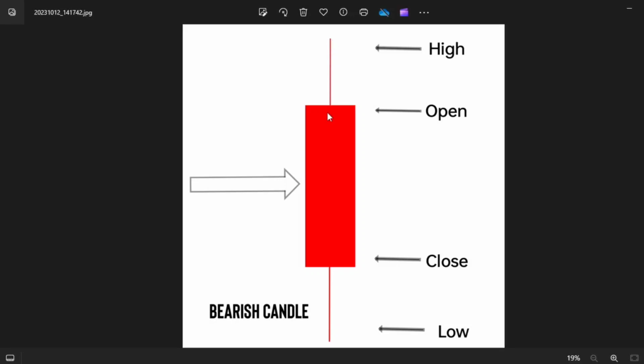Some textbooks will call it a shadow, some will call it a wick. They are very important because a candlestick with a wick has a totally different message from a candlestick without a wick.